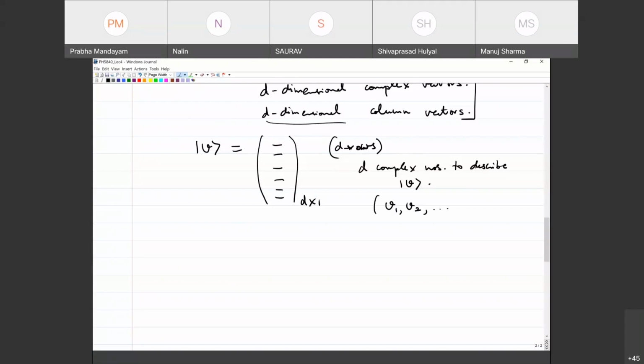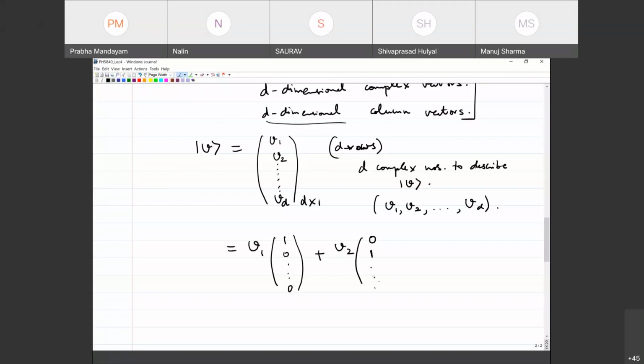So I populate these entries as V1, V2, etc. I can equally well represent this as V1 times the vector with a single 1 here and D minus 1 zeros, plus V2 times 0 in the first location, 1 in the second entry, and all other zeros.